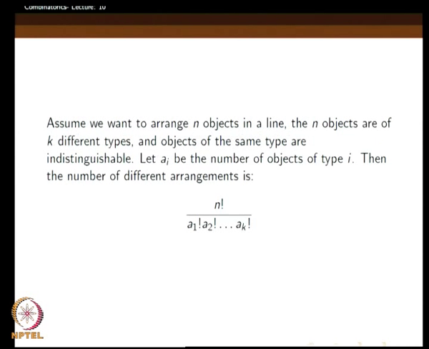How many ways can you arrange n objects in a line, where these n objects are of k different types, and objects of the same type are indistinguishable. If a_i is the number of objects of type i, then the number of different arrangements is n factorial divided by a1 factorial, a2 factorial, up to ak factorial.